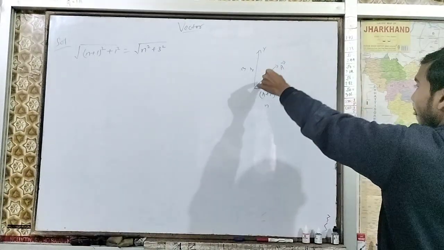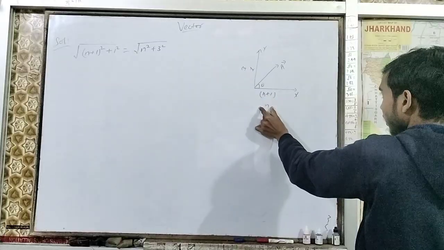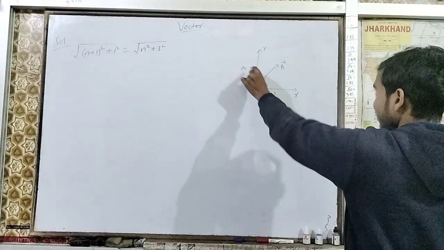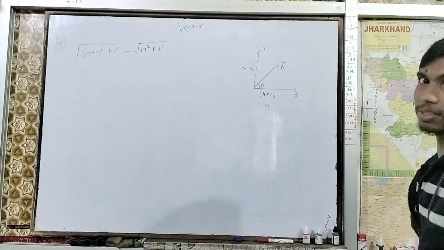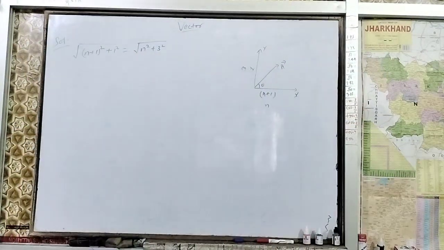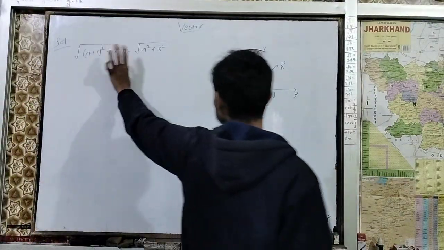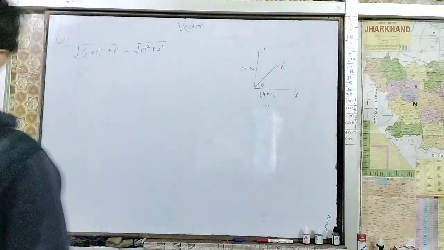Am I correct? Now finally this became n, so the method is the same. N raised to power 2 plus 3 raised to power 2 will provide our vector a, which is the resultant. That is how we wrote this equation, where LHS and RHS are both equal. Now our work is to simplify this.